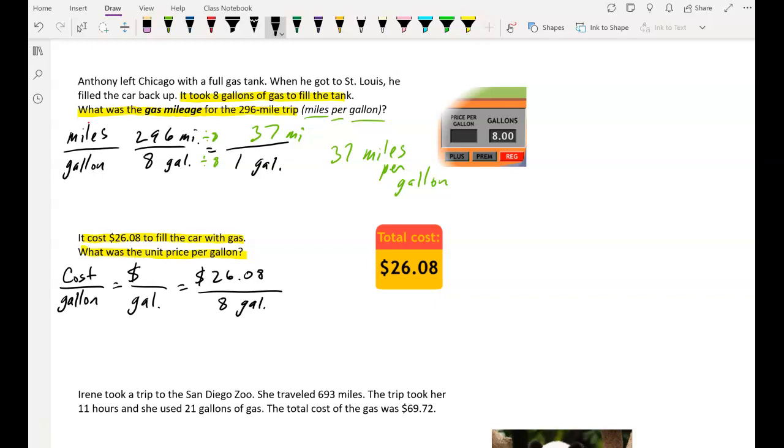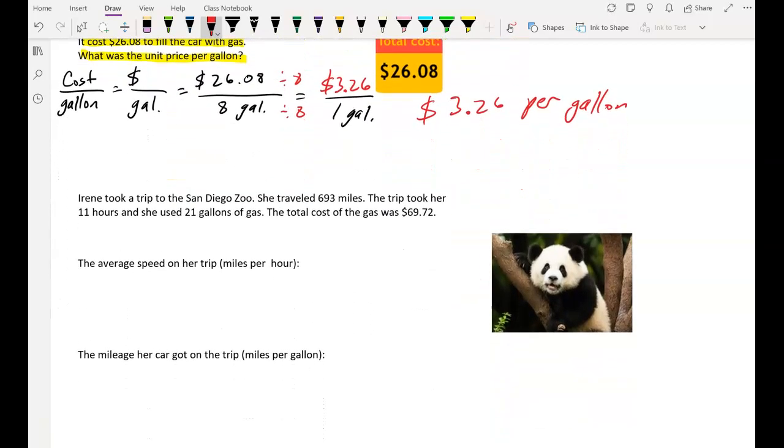So 26.08 divided by, because remember, we want to go to 1 gallon, so we divide by 8, divide by 8, and our price is $3.26 for 1 gallon. $3.26 per gallon of gas. Okay. Just practicing using unit rates and proportional reasoning.